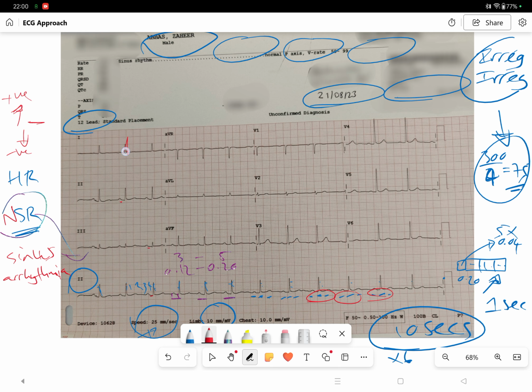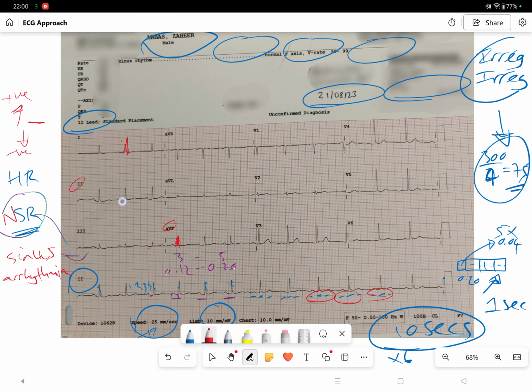In lead 1, you have a positive deflection with the QRS complex. And then you can look at either lead 2 or lead AVF, and look at the deflection there as well. I usually look at 1 and AVF, but others will suggest looking at 1 and 2.